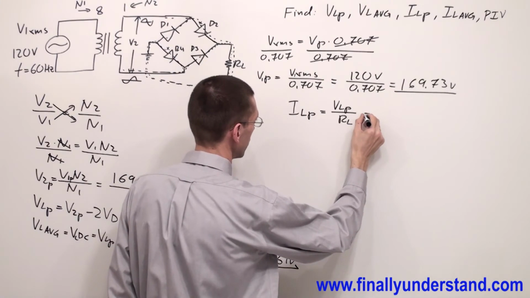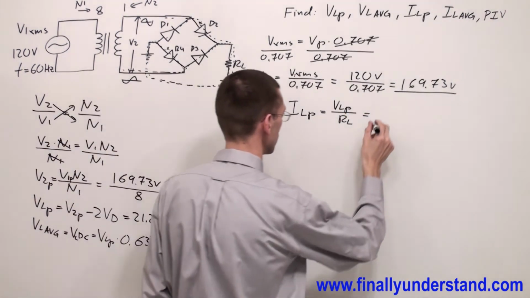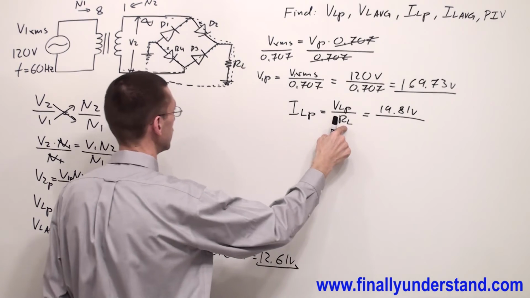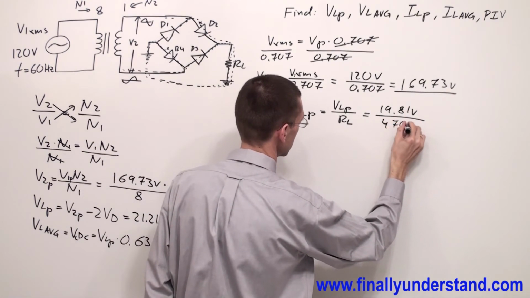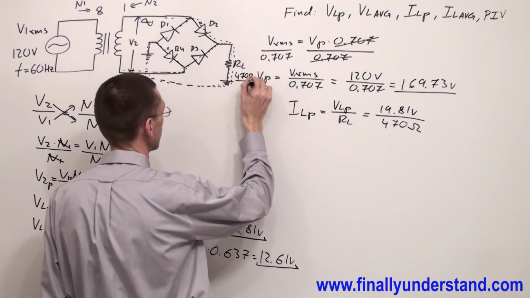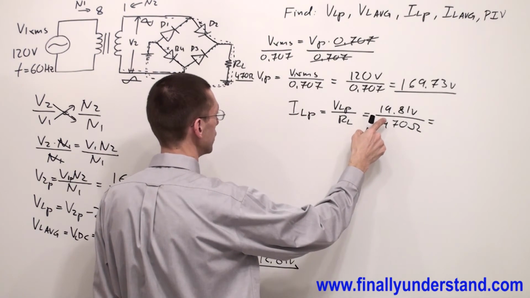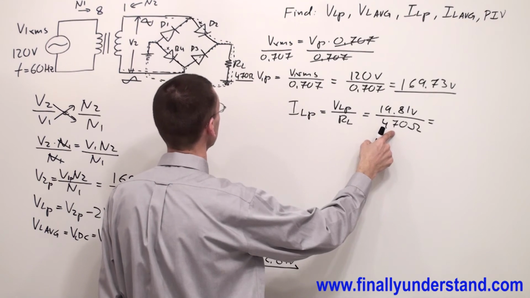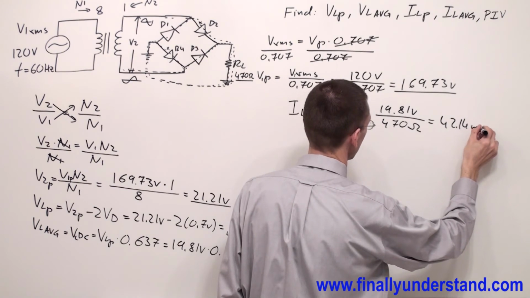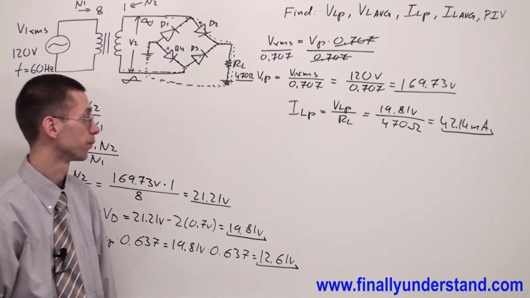So this is equal to VL peak, which is 19.81 volts, divided by RL, which is 470 ohms. 19.81 divided by 470 gives me 42.14 milliamps. This is my IL peak.